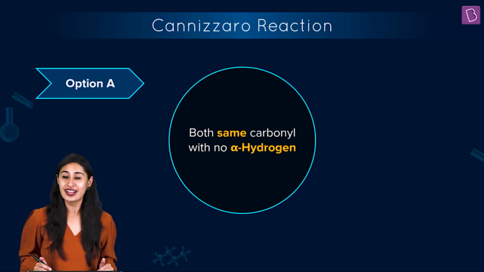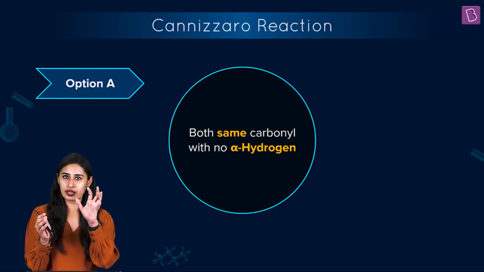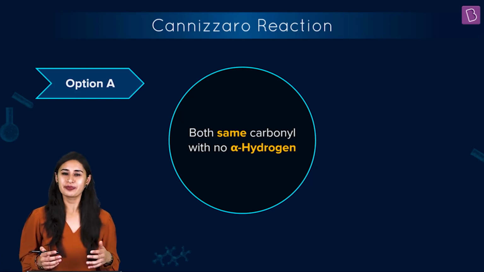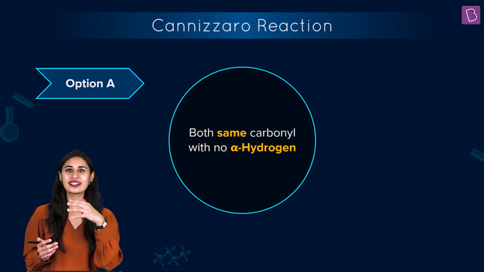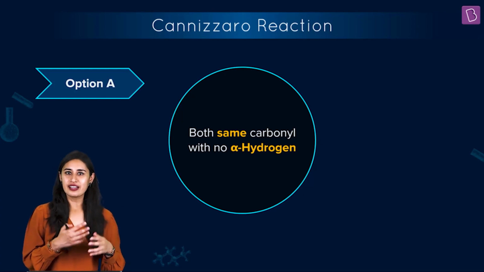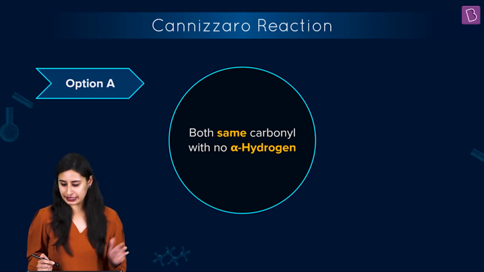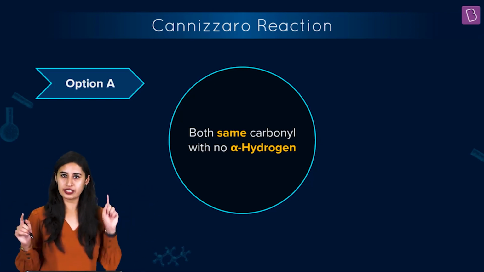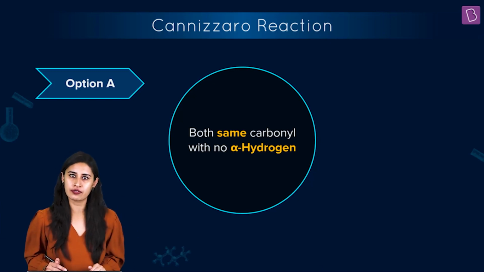There is the base that you add to the carbonyl compound with no alpha hydrogen, and what do you see? One component gets oxidized, the other gets reduced. So it's a reduction and oxidation happening simultaneously, right? So I'm sure A is ruled out because one has alpha hydrogen in the question which is given to us.